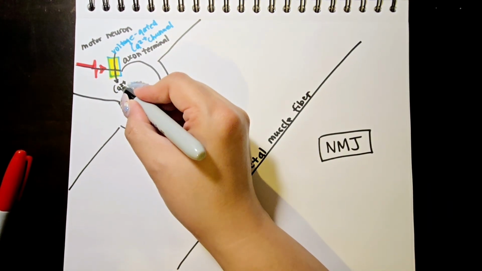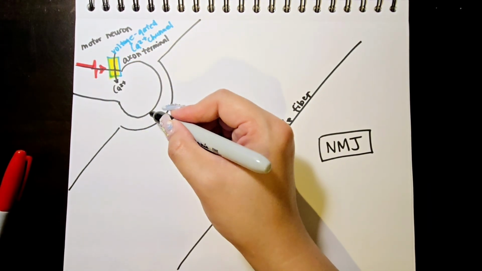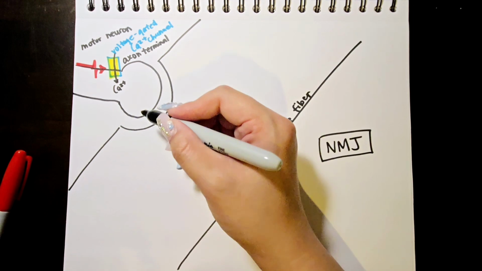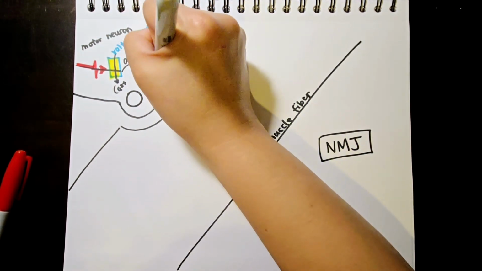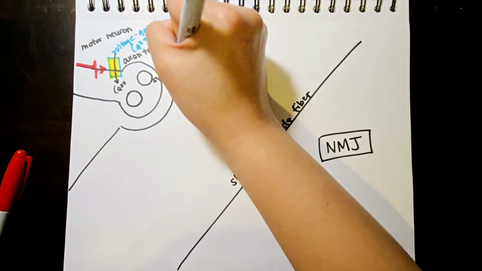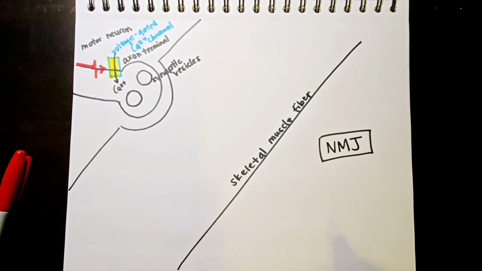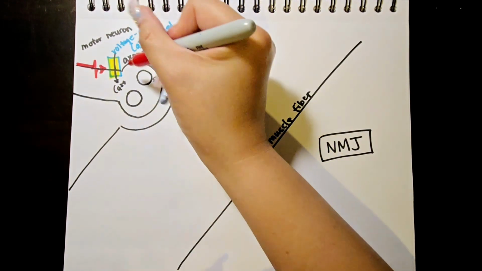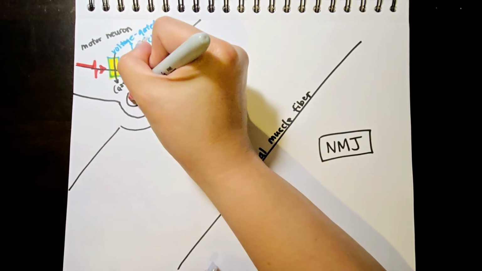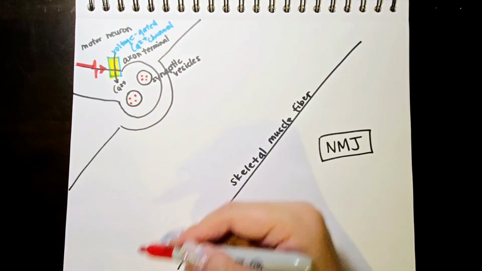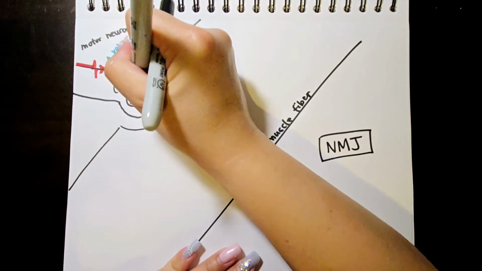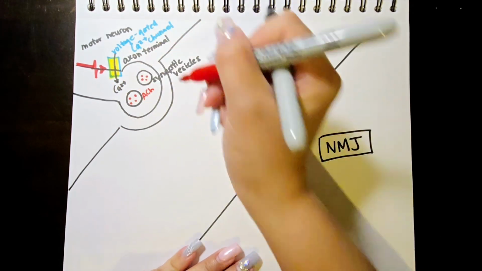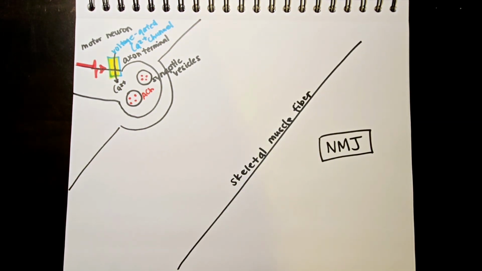And what calcium ion being inside the neuron's axon terminal does is it induces these, remember, these are little synaptic vesicles. And inside we have neurotransmitter. And in this case, because we're talking about telling the skeletal muscle fiber to contract as a response, these little dots here represent the neurotransmitter acetylcholine, which we abbreviate as ACh.